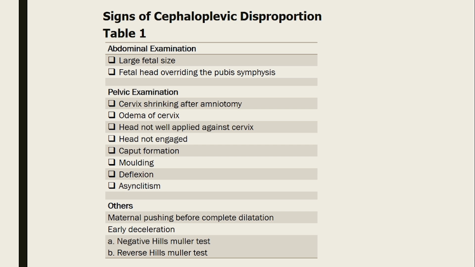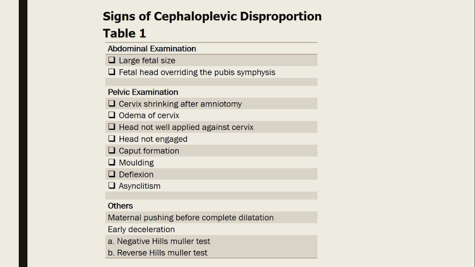One, abdominally, the presence of a large fetal size. Maybe a plethoric baby, a large baby, a baby with a big head, like the babies born to diabetic mothers or babies born with rhesus isoimmunization.